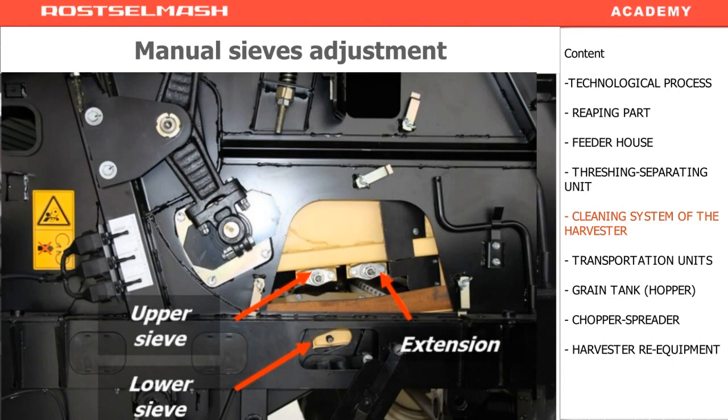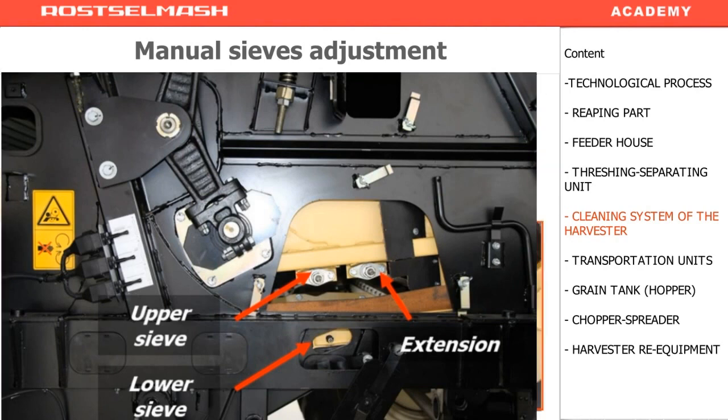In this situation, if you badly need to adjust the sieves, use this wrench. With the help of this wrench, you will be able to adjust the clearance of the upper sieve, the extension of the upper sieve, and the lower sieve. Before starting the emergency adjustment, detach the electrical mechanisms from the adjustment rods.